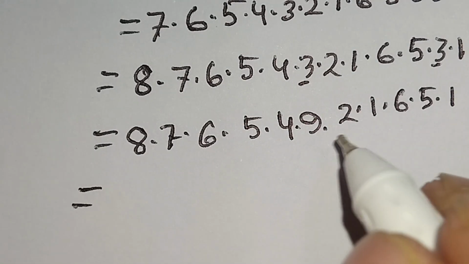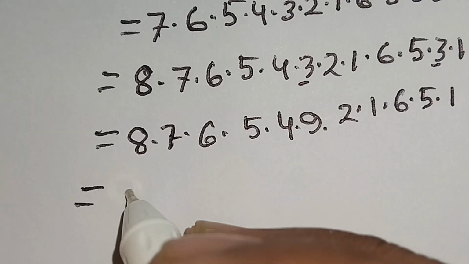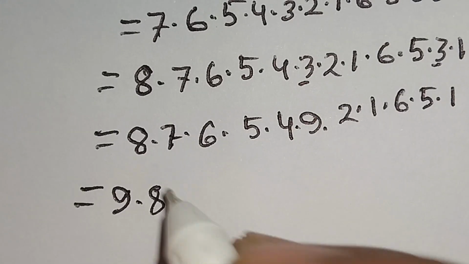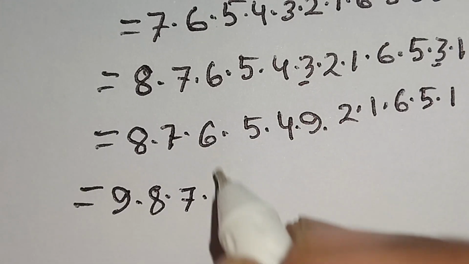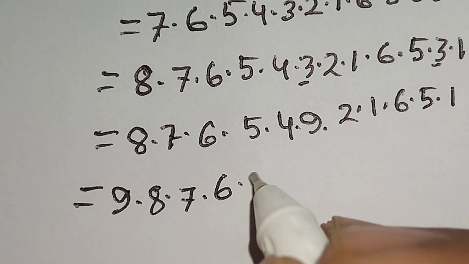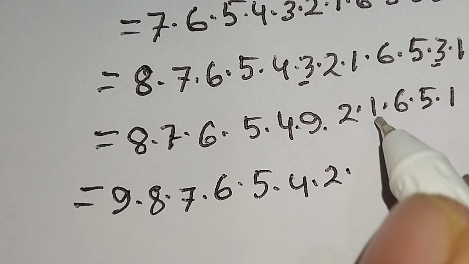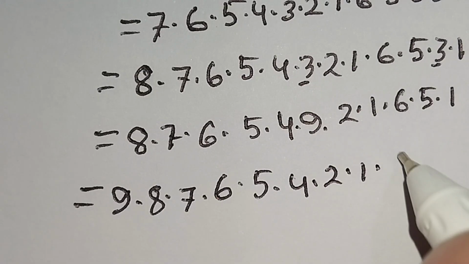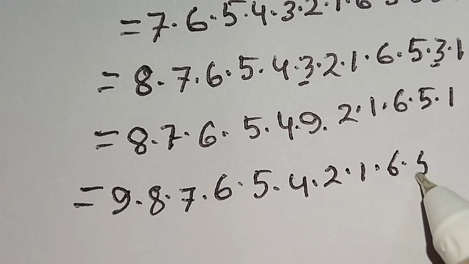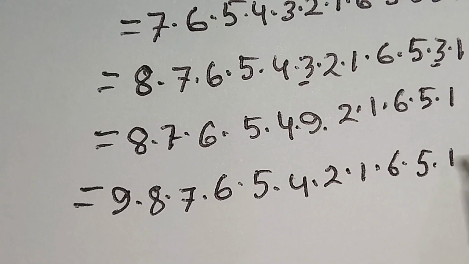At first we will write this 9. So you can write here 9 times this 8 times this 7 times this 6 times this 5 times this 4 times this 2 times 1 times 6 times this 5 times 1.